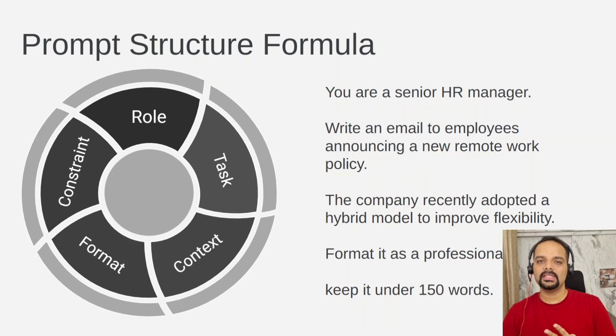Third is context, the context that you want to give to the AI model. Fourth, very important, is format. We want it as a table, as a professional email, as a small poem, can be anything. The last but not the least, which is missed a lot, is constraint.